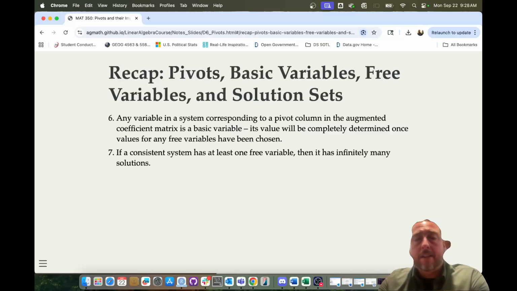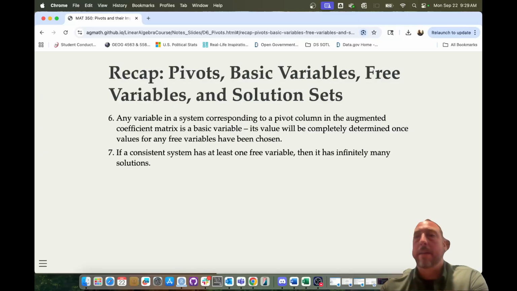If a consistent system has at least one free variable, then it has infinitely many solutions. That's what we said in the case that the rightmost column is not a pivot column. However, if we have a column to the left of that augmenting line that is not a pivot column, then that corresponding variable is free. And as soon as I have a free variable, I have choice.